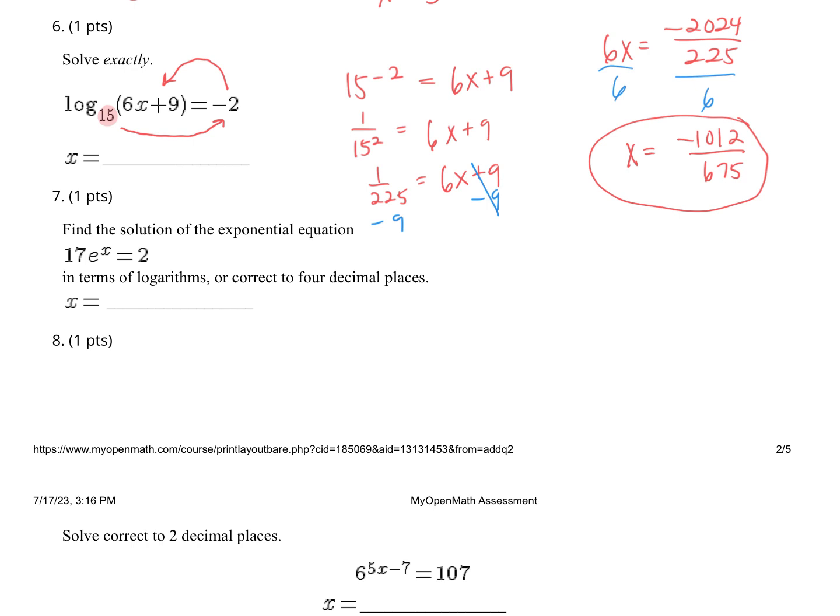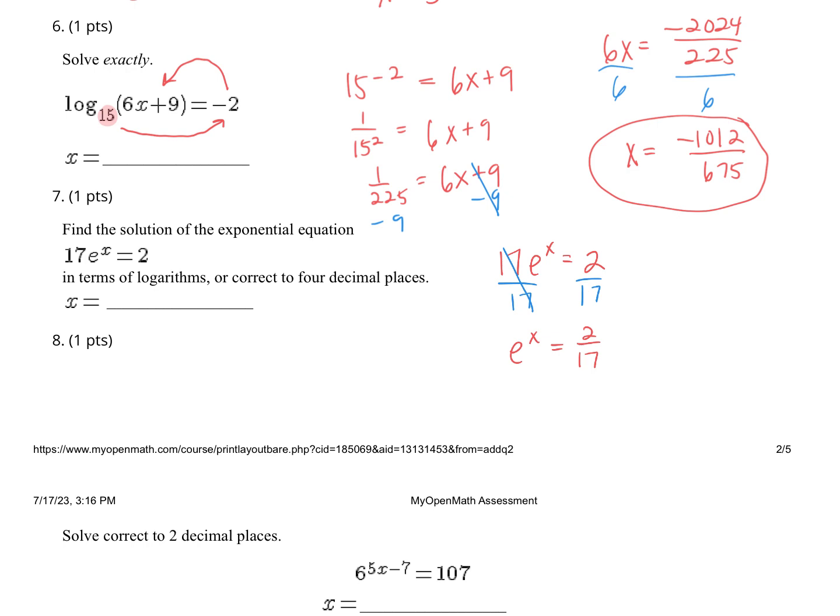Number 7, find the solution of the exponential equation in terms of logarithms or correct to 4 decimal places. So this one we want to solve for x. The problem is that it's in the exponent and we want to get it down. We have 17 e to the x is equal to 2. The first thing we would do is get the e to the x by itself, so divide by 17. So e to the x is equal to 2 over 17.